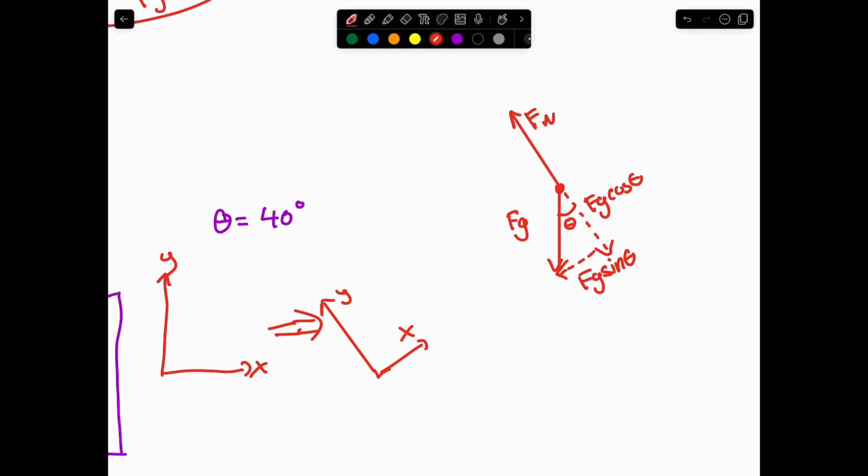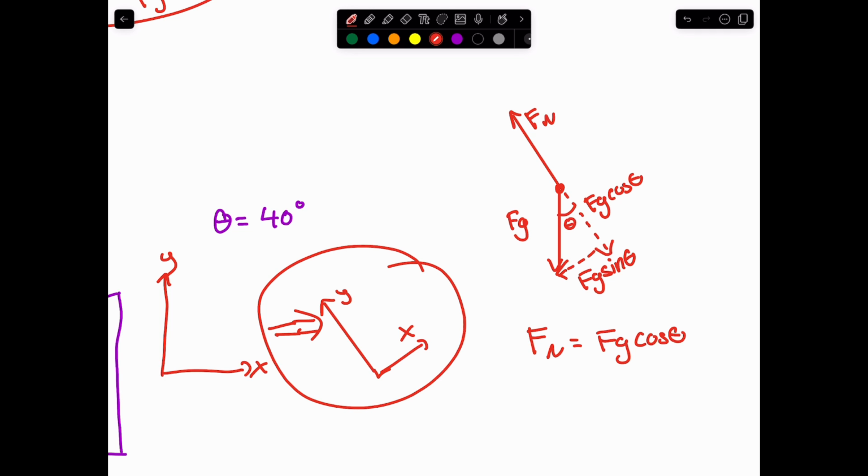Now, we have to do a little bit of intuitive thinking here, because this is sort of hard to understand. Fn is actually equal to Fg cosine theta. Now, why am I saying that? And how do I know? I'm saying that because of this new axis that we've defined.